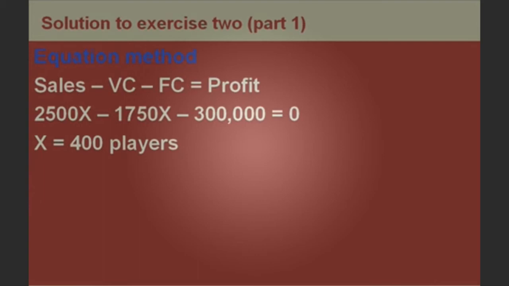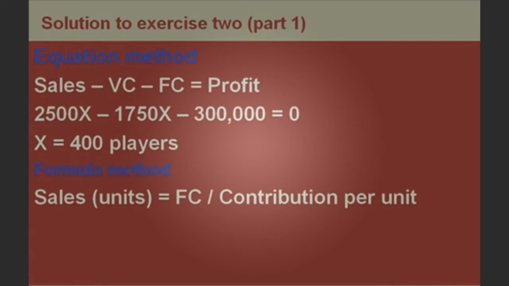Now, let's do the formula method. You have the formula in front of you. Which one is the best formula? We're talking break-even point. So it's on the left of your formula sheet. And do they want the sales in units or in dollars? It's in units. So it's the top formula on the left in your formula sheet, which is sales in units equals fixed cost over contribution per unit.